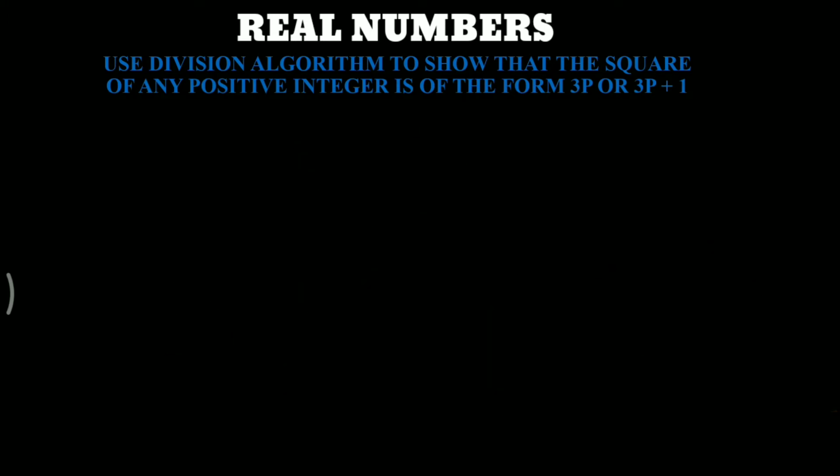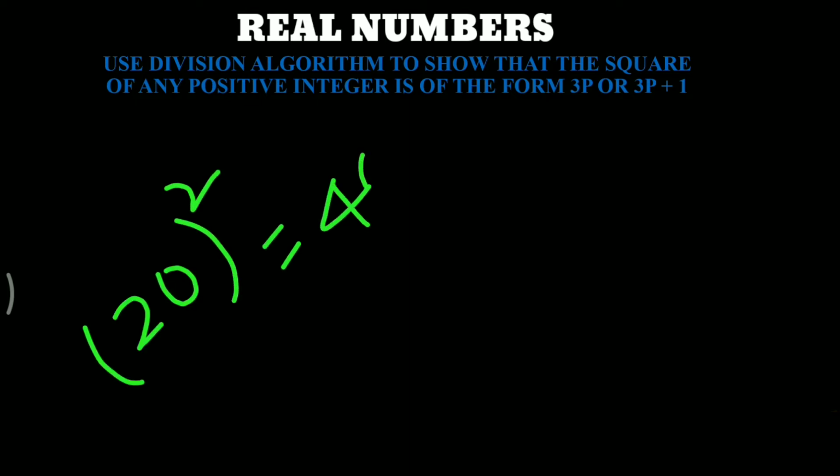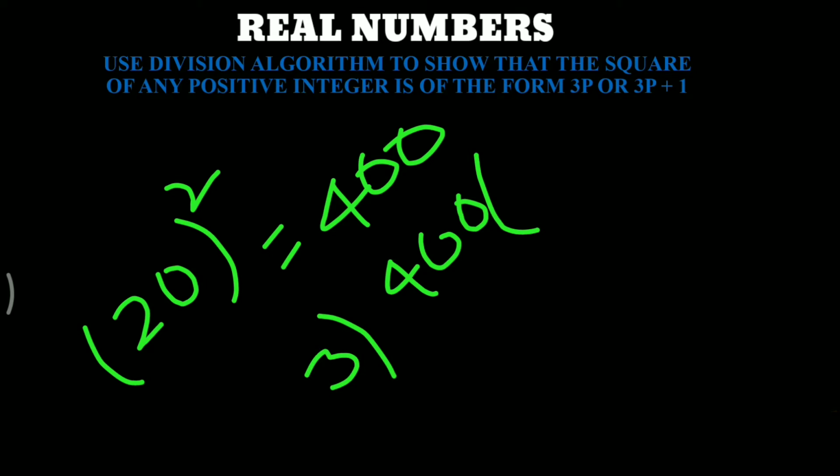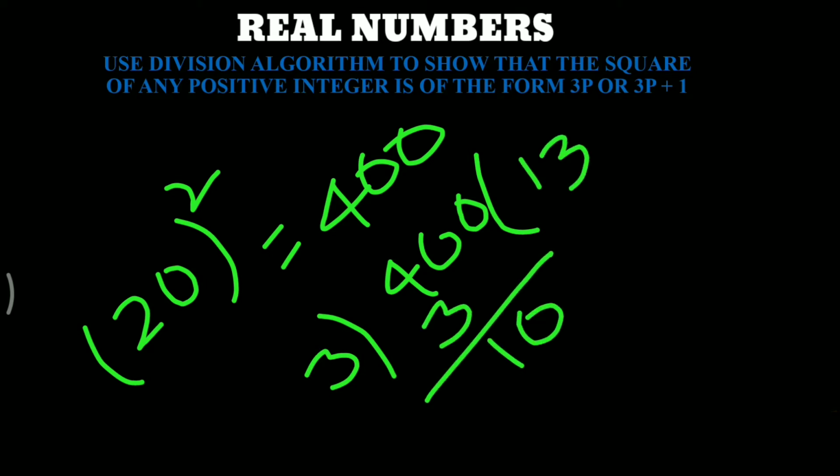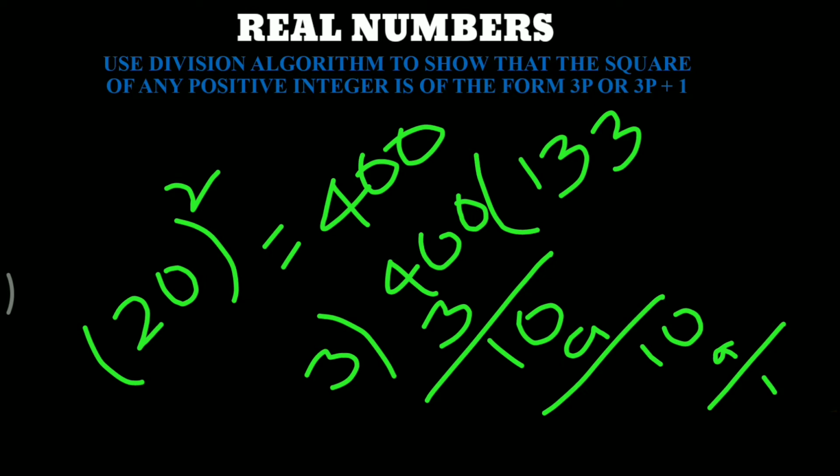Let me explain with one more example. Randomly I am selecting another number, 20, and squaring it. 20 squared is equal to 400, and divide that 400 by 3. 3 times 1 is 3, the remainder is 1, 0; 3 times 3 is 9 and the remainder is 1, 0 again; 3 times 3 is 9 and the remainder is 1.